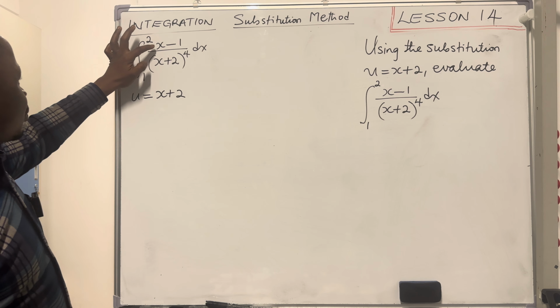The other way is to eliminate the whole expression, not just x, but the whole expression x minus 1. But it is the same as this. How do we do it? Once we have u equal to x plus 2, and we want to replace the whole of x minus 1, we need to create x minus 1 here. The only way to create x minus 1 is by saying minus 3.